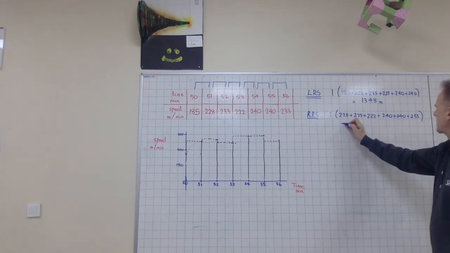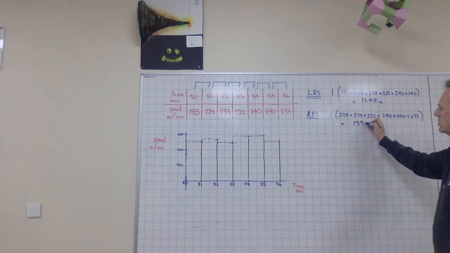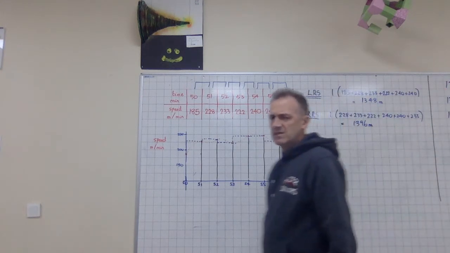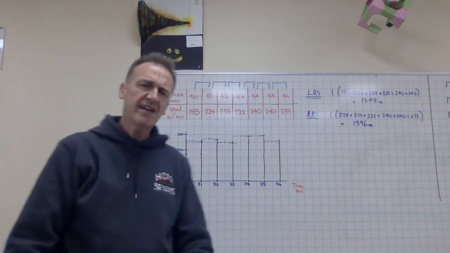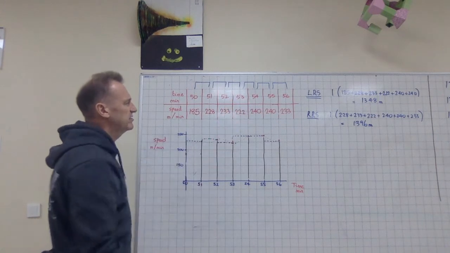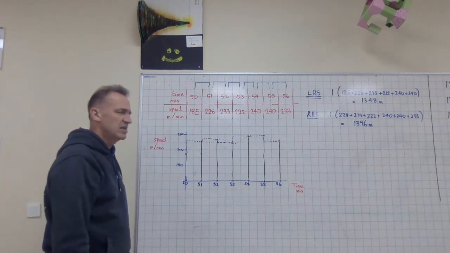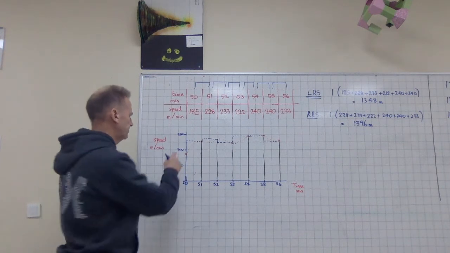And the final answer we get there is 1396. So we're going to assume that I ran something between 1,348 metres and 1,396 metres in that time interval.